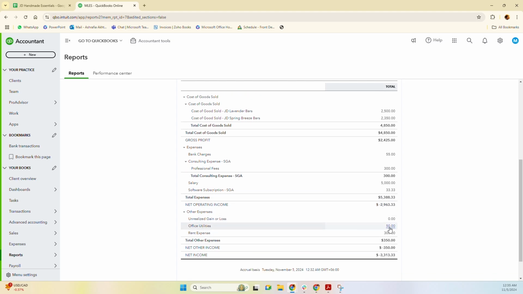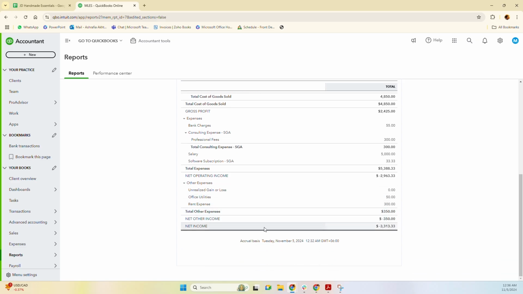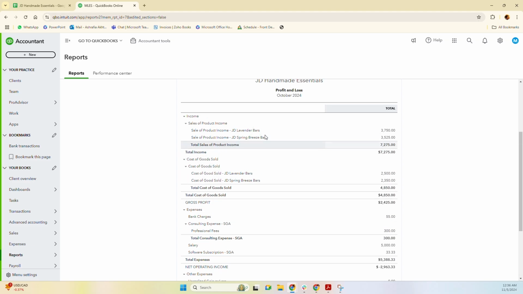This one is the utility share that Howard Baker invoiced us, and then rent expense coming from the rent bill also sent by Howard Baker. Together that brings us to our net other income, a negative amount, which is a loss of 350, and the net loss is 3313.33 in the first month of our business.